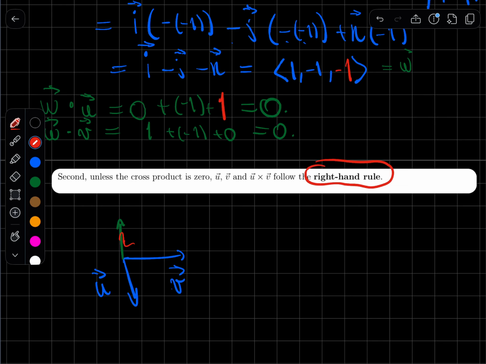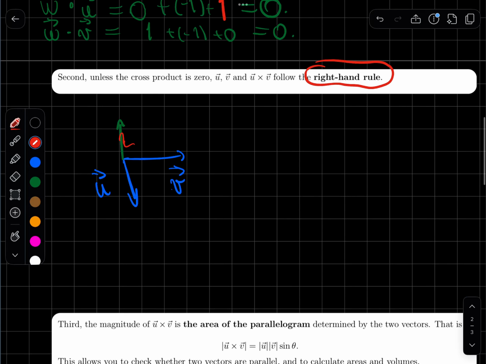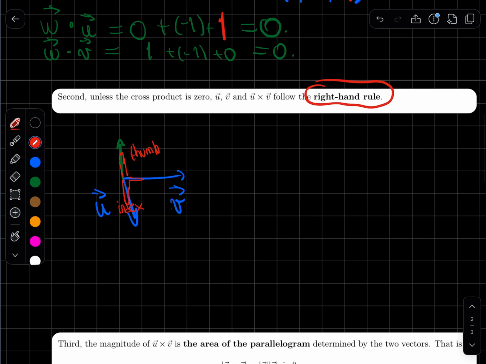Right hand, thumb towards the cross product vector, and then index finger towards U, and then you can curl from U to V, or have your middle finger point that way. You can curl your fingers to the inside, to the palm of your hand towards V. So that will follow the right hand rule.